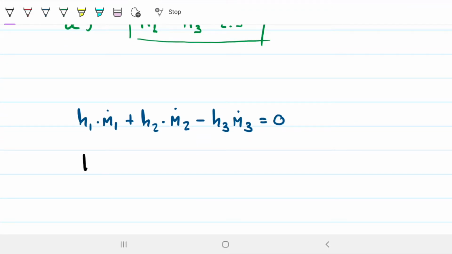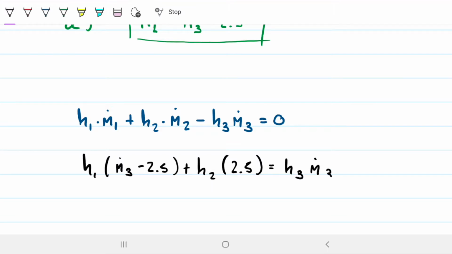So I'm going to have H1 times (M3 minus 2.5) plus H2 times M2, that's also 2.5, so we can sub in 2.5. This has to be equal to mass flow rate 3, M3, multiplied by H3.